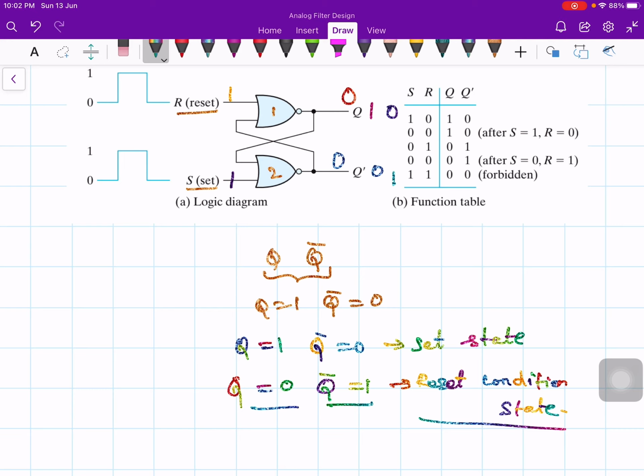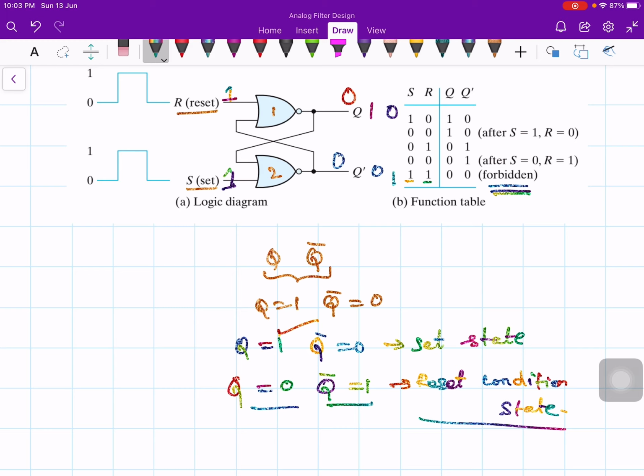And this is not acceptable. As I said, one has to be the complement of the other. If you supply one at the reset and one at the set point, then both the outputs will be equal, and that is called the forbidden state. That's what we have written here. So if both are 1 1, then it is the forbidden state.